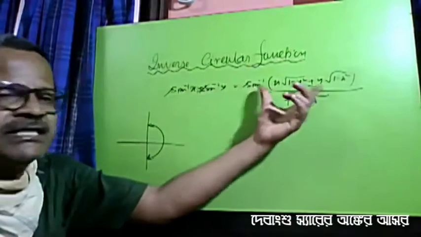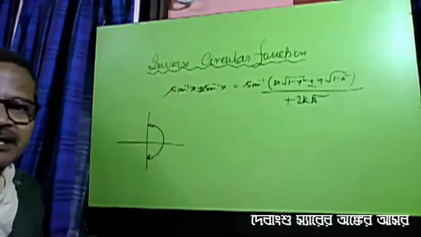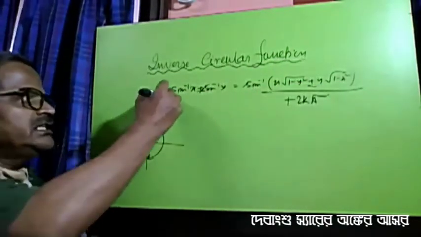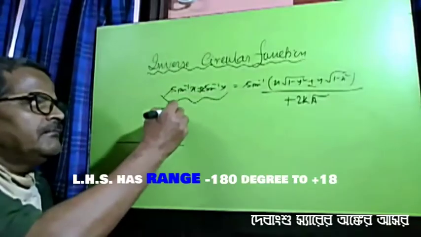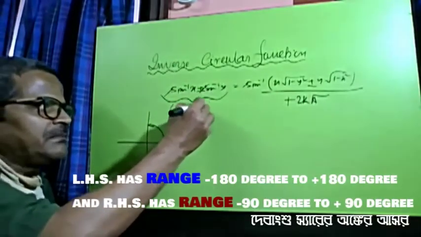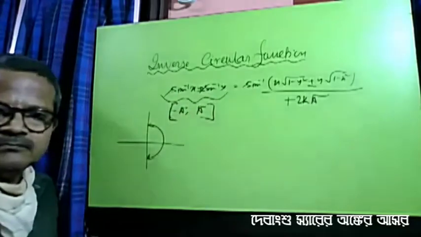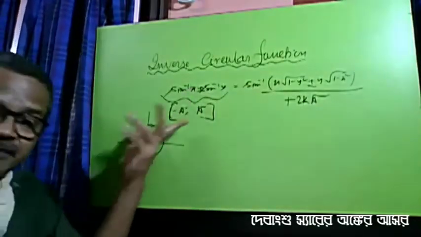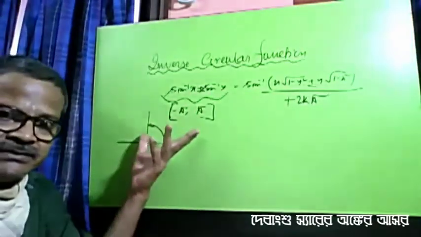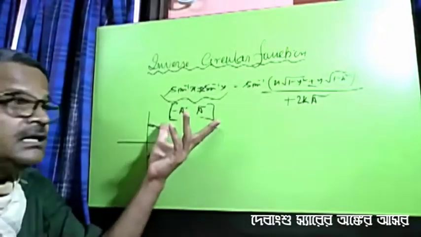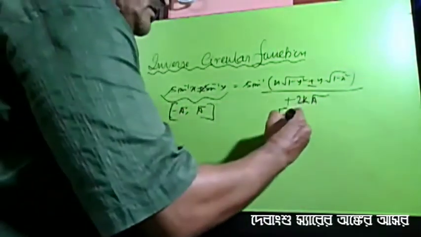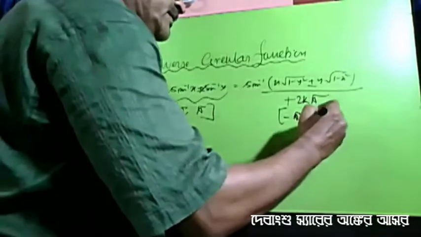But the right hand side, being a sin inverse, ranges only from minus pi by 2 to pi by 2, while the left side has range minus pi to plus pi.